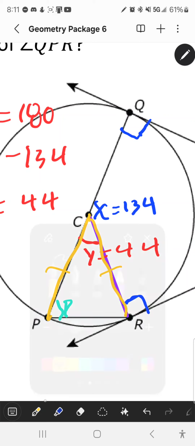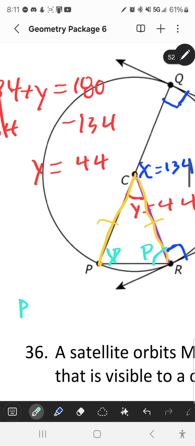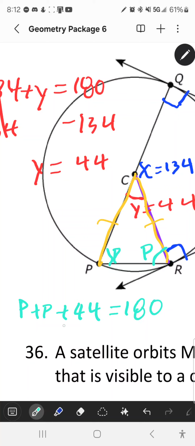Therefore, this is an isosceles triangle, and this angle right here will also be angle P. So I can say P plus P, because these two angles are equal since the triangle is isosceles, plus y, which is 46, equal 180. Now 2P plus 46 equal 180.